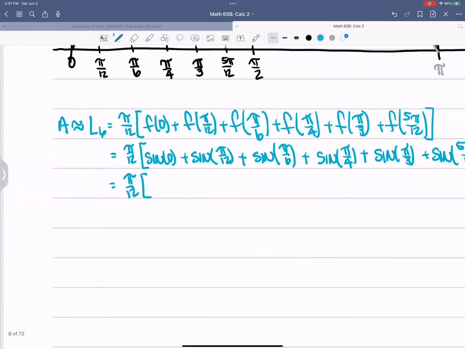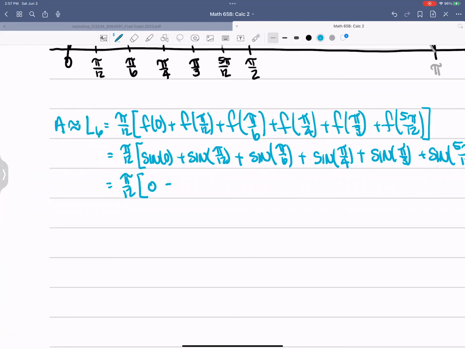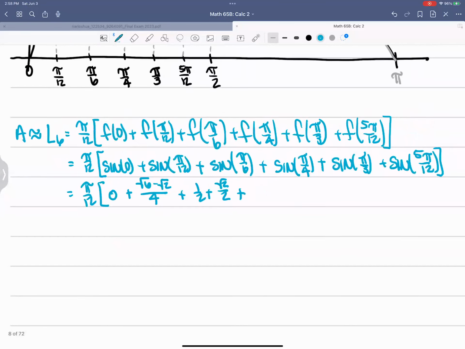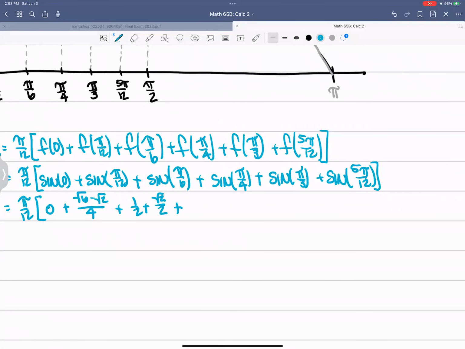Sine of 0 is 0. With a little bit of manipulation and fun, sine of pi 12 is square root 6 minus square root 2 over 4. Pi over 6, that's 1/2. Pi over 4, that's root 2 over 2. Sine of pi 3, that's root 3 over 2.